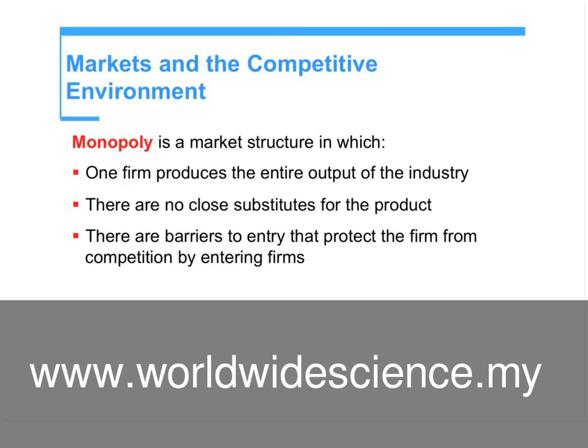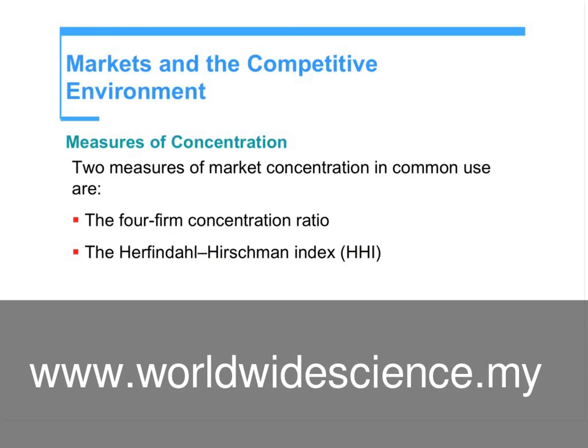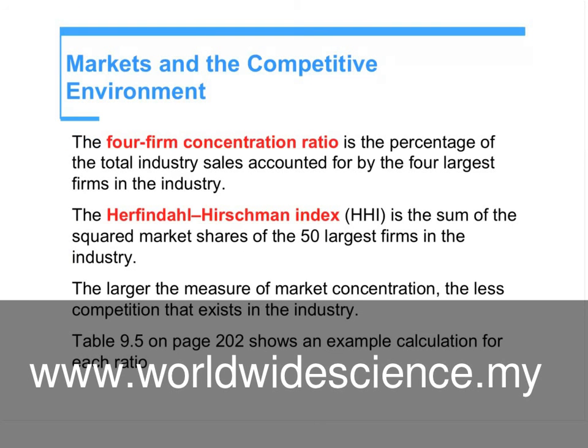And the HHI is the sum of the squared market shares of the 50 largest firms in the industry. The larger the measure of market concentration, the less competition exists in the industry. If those four are so big that you have such a high percentage, that shows that the competition is not perfect and there are not many competitors in the market.